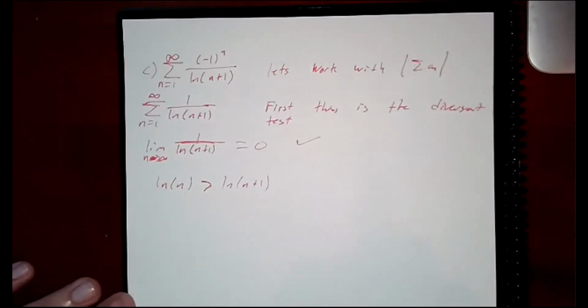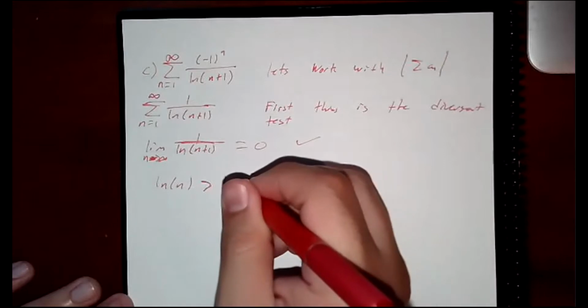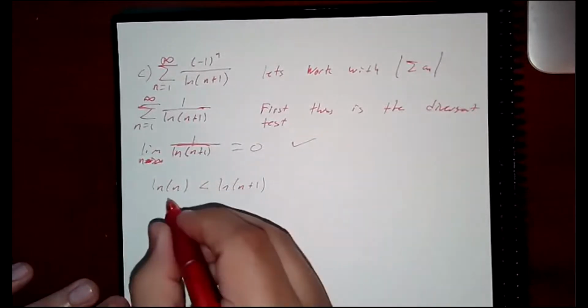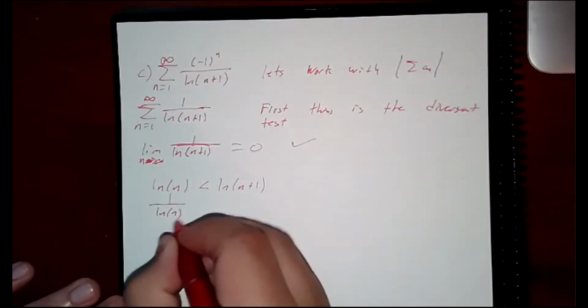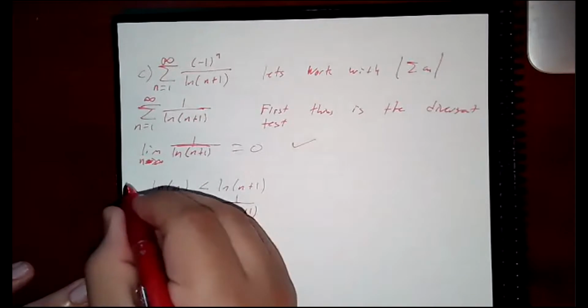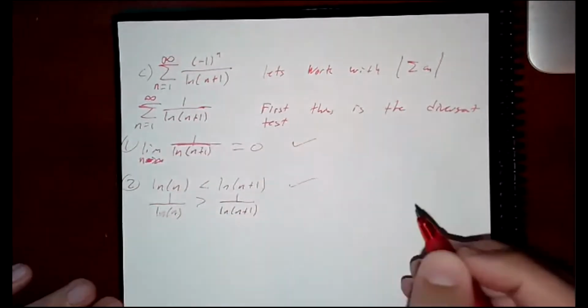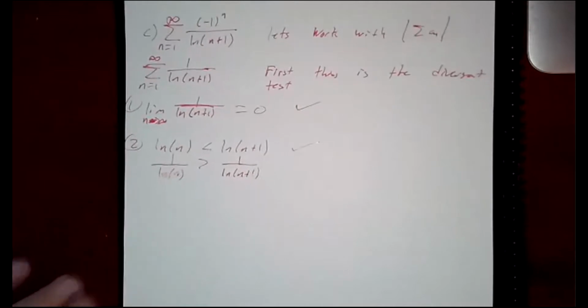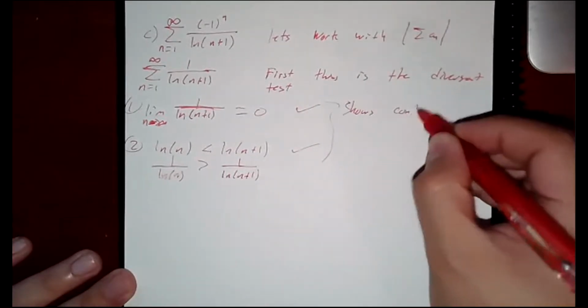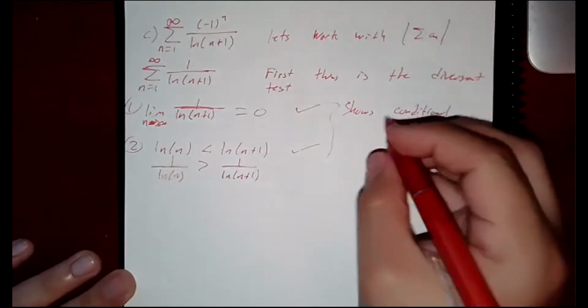Which one's bigger? ln plus 1. Yeah, it should be the other way, right? So we do the reciprocal, then it flips over, which shows that it is decreasing. So we do know it converges conditionally, but we need to verify that it doesn't converge absolutely before we stop. So this right here shows conditional convergence.